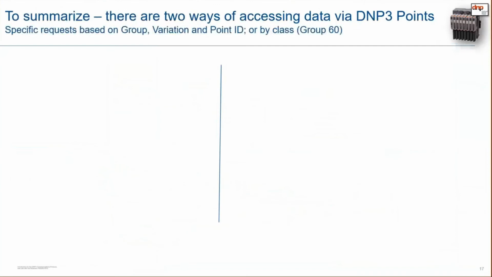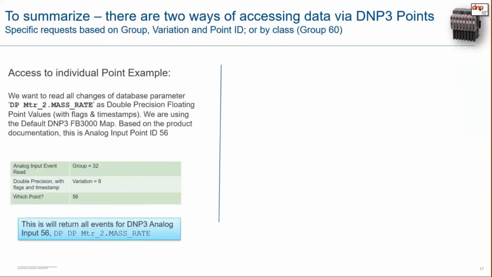So I'm going to summarize the last few slides because this is very important to how DNP3 works. There are 2 ways of accessing data via DNP3 point. The first way is to specify a group, a variation, and which point you want. For example, group 32 will give you access to all the events on analog inputs.